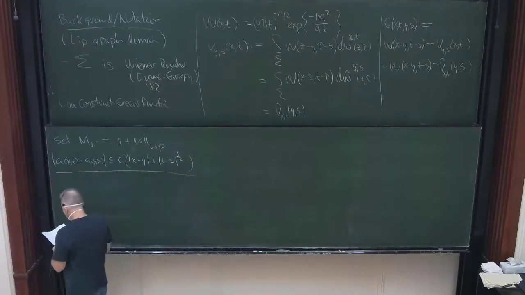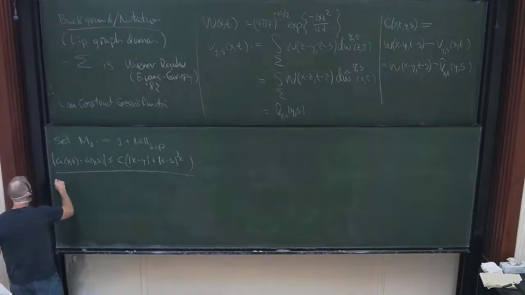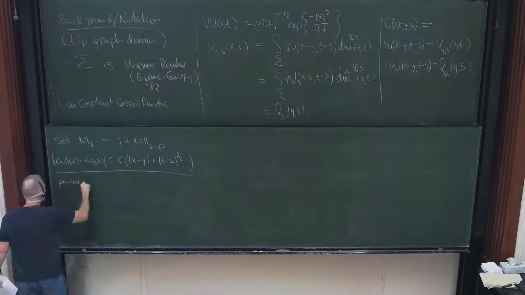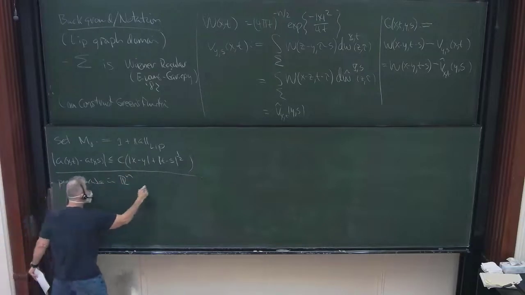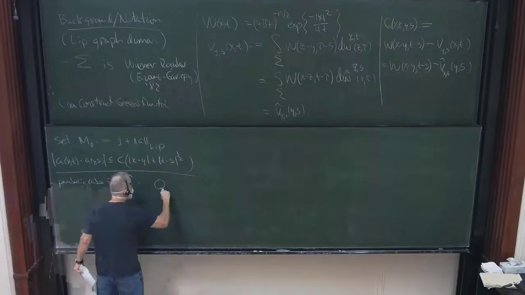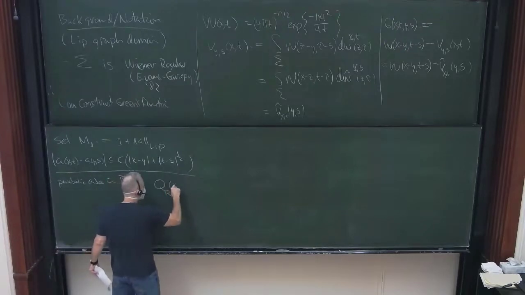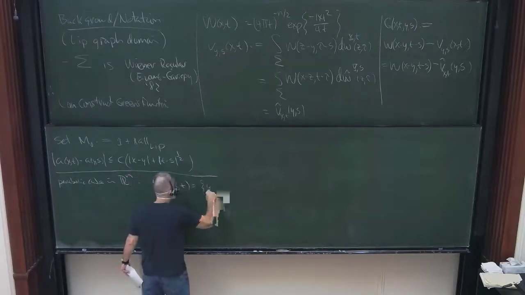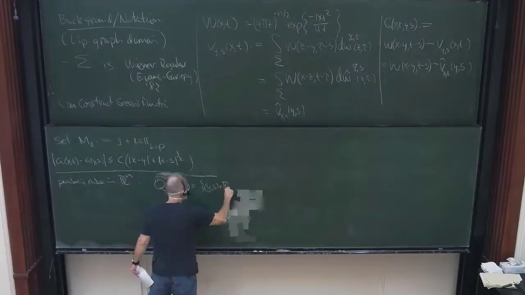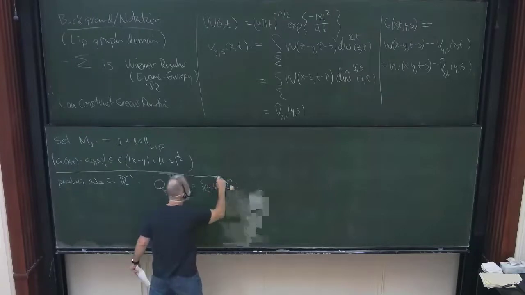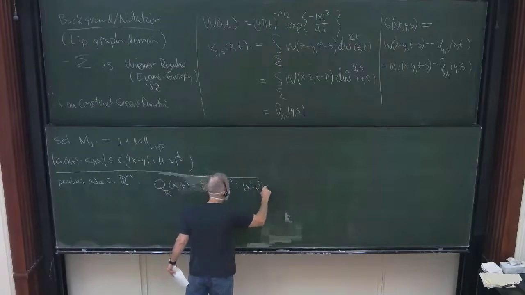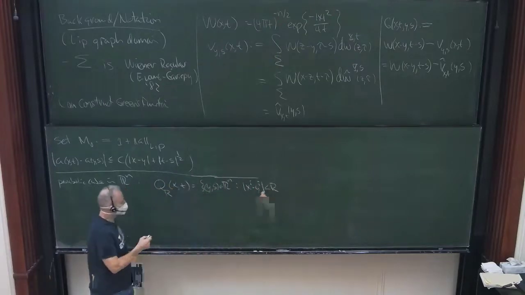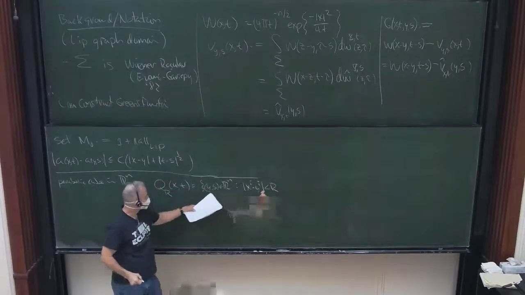All right. And then I'm going to define a parabolic cube in R^n. I'll denote it by Q sub r of xt. So this is going to be the set of y and s in R^n such that, these are the components of x.